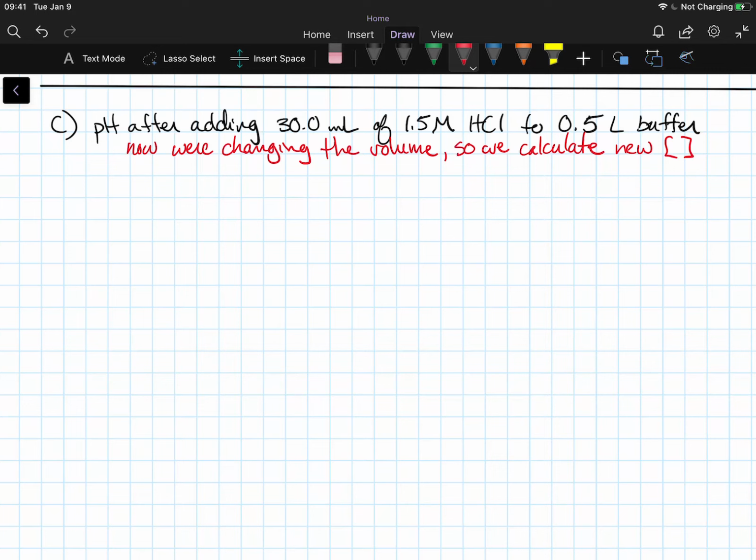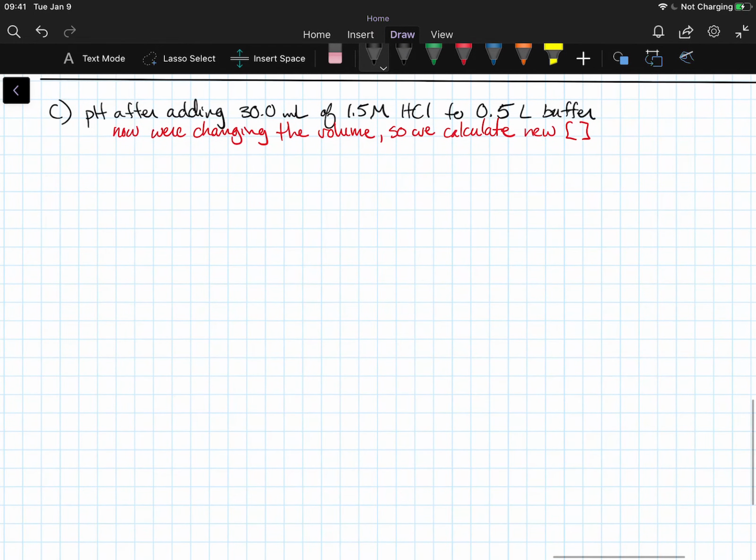And we're going to do that using our good old dilution equation. M1V1 is equal to M2V2. And in this case, M2 is going to be the initial molarity in all of our reactions that we're going to be doing. So if we rearrange this, the initial molarity, or M2, is simply M1 times V1 divided by V2.